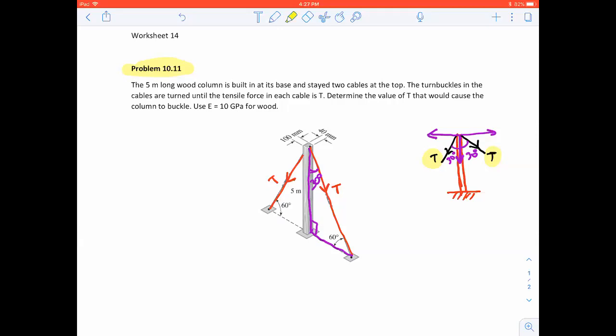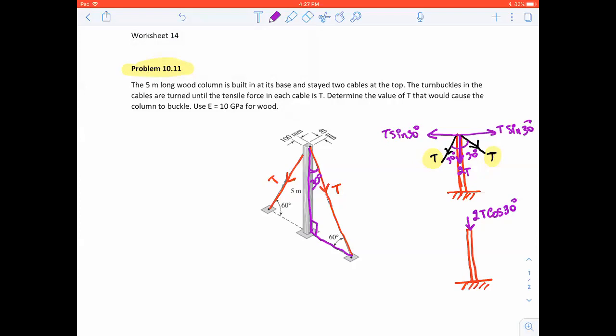Let's look at the forces on this. Can I say that the vertical component, the compressive component, is actually 2T cosine 30 degrees? So this will be T sine 30 degrees, T sine 30 degrees, and over here you're going to see 2T cosine 30 degrees.